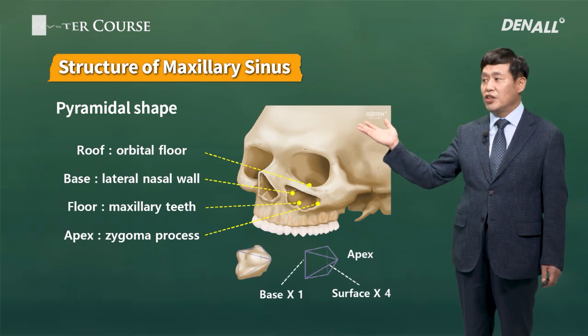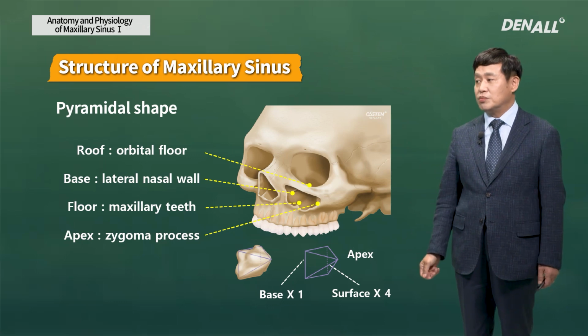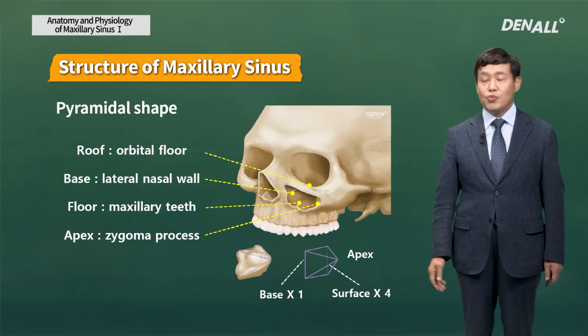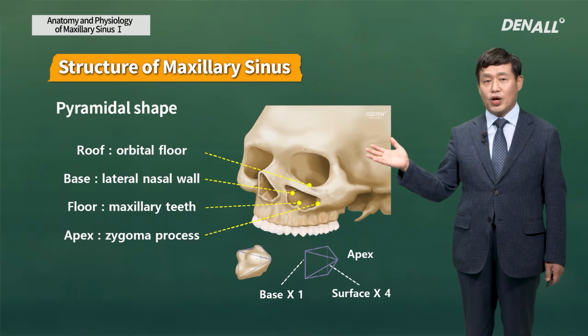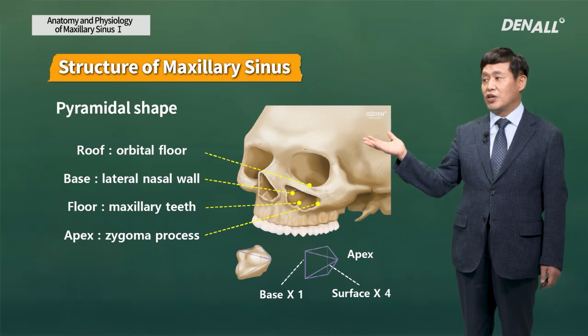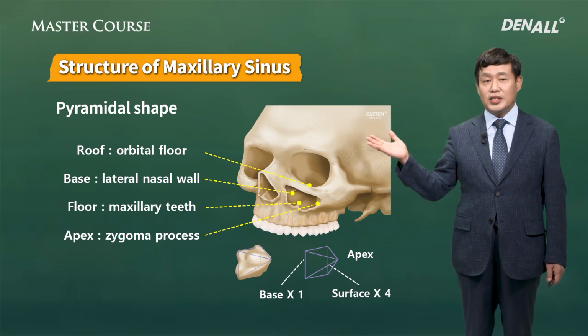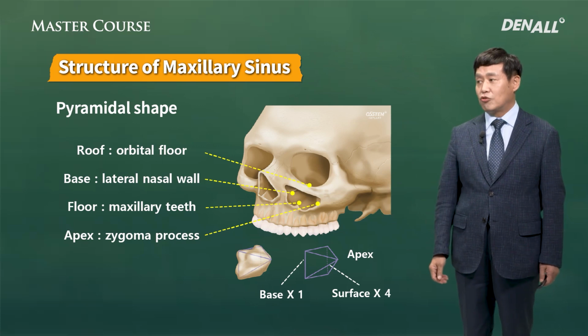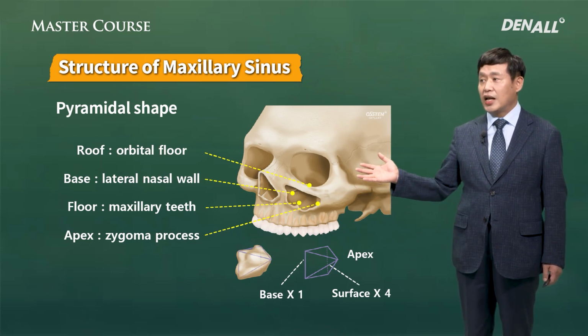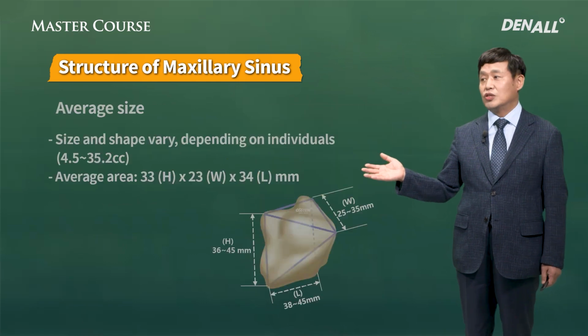The pyramid is lying sideways like this, but I explain to patients that it is positioned upside down. That's easier for the patient to understand. So maxillary sinus is in the shape of a pyramid.